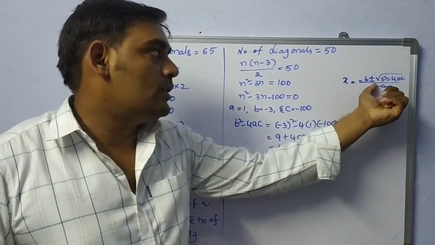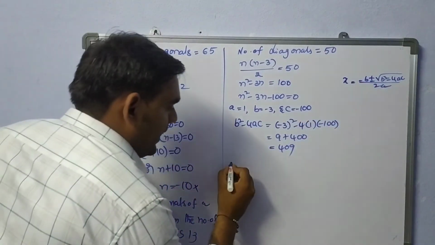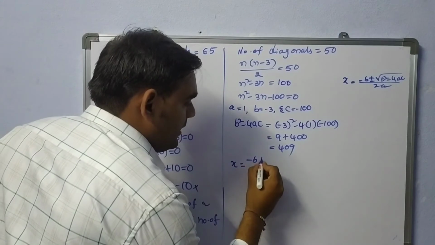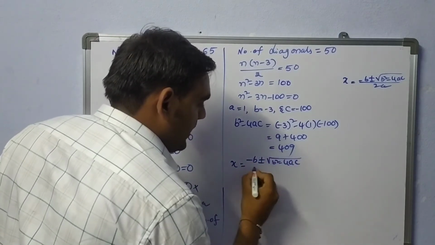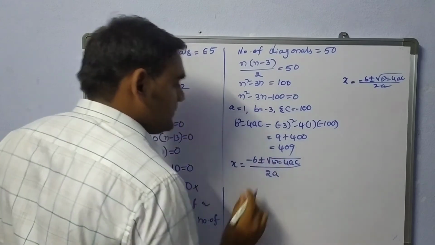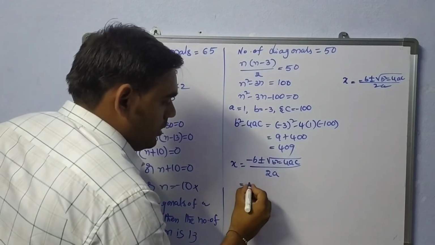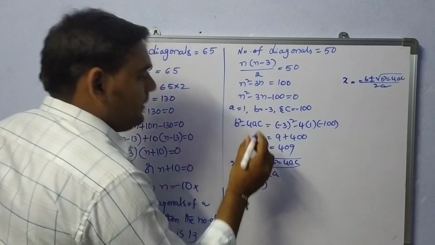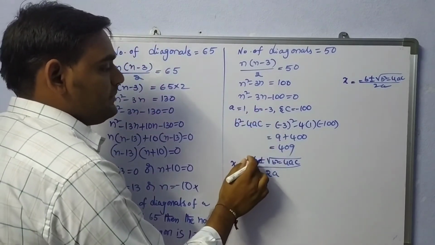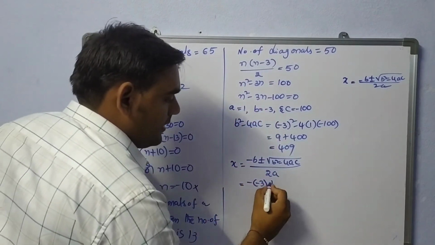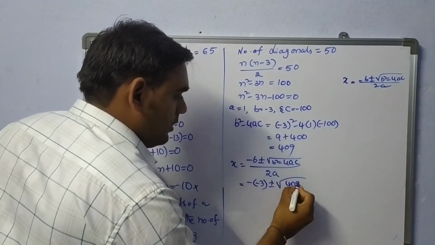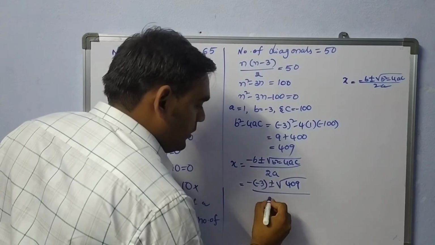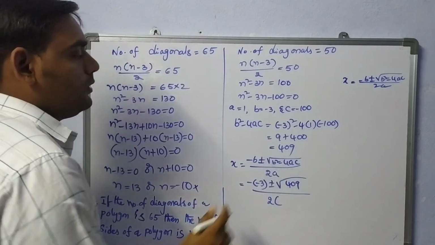Now we need to substitute in this one. So x is equal to minus b plus or minus square root of b square minus 4ac by 2a. Now b means minus 3, so minus b is minus of minus 3, plus or minus square root of 409 by 2 into a.